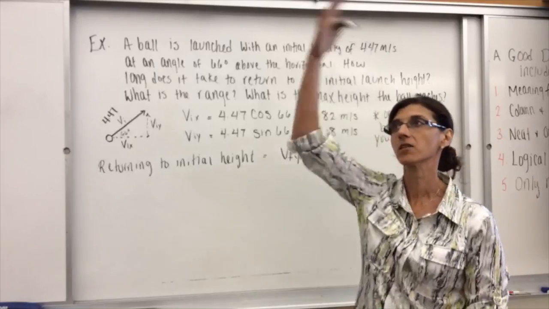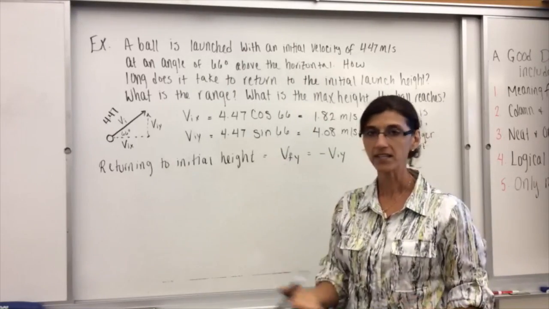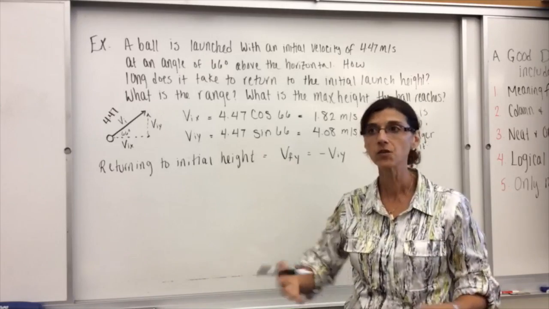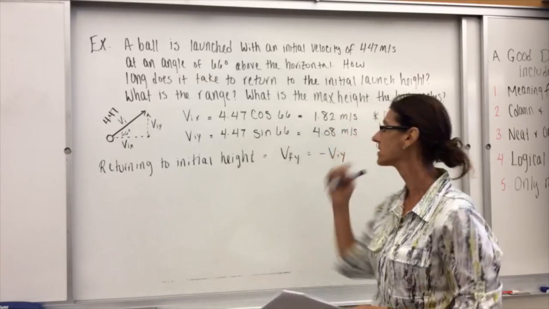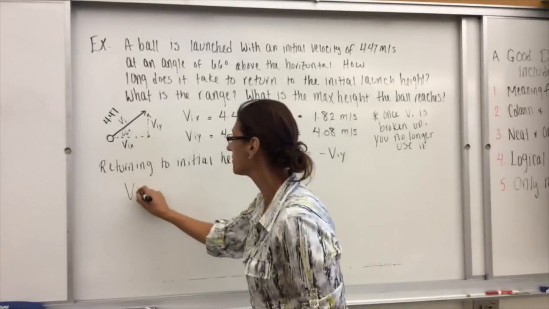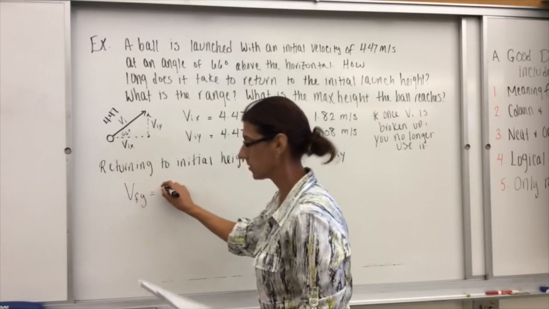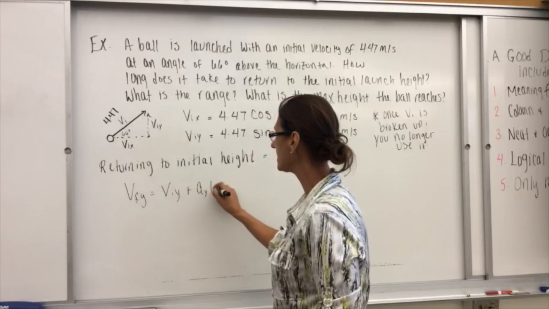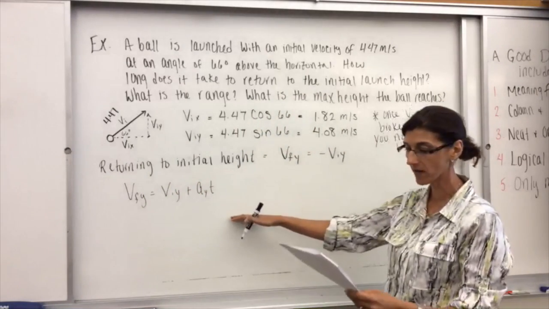Okay, so if I have something, it goes up, it comes back down. My initial y velocity and my final y velocity have the same magnitude, but they have different directions. So we're going to use the equation v final y equals v initial y plus a y t. So this is the y direction only.